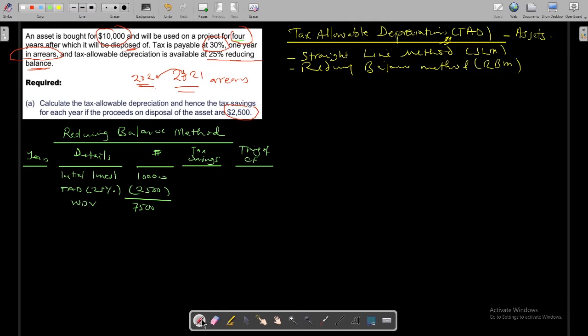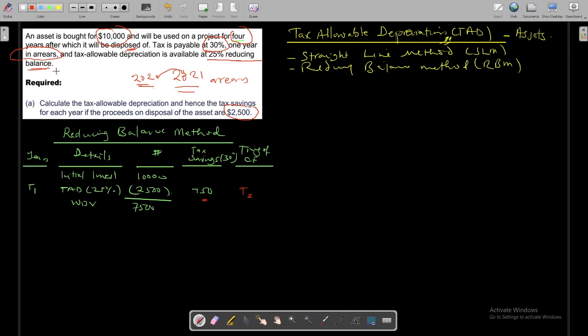Companies can claim tax savings of 30%. So we compute 30% on 2,500, and that will give us 750. This is the tax saving for year 1. Since companies pay tax in arrears, this amount of money will be received in the second year.